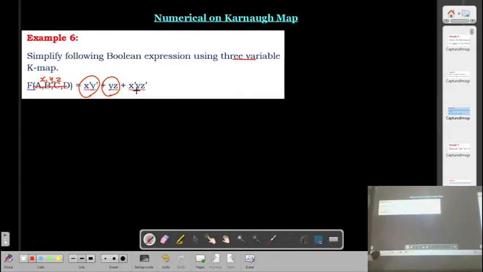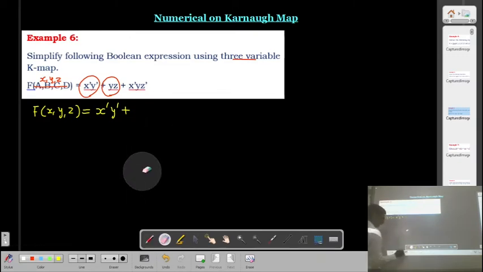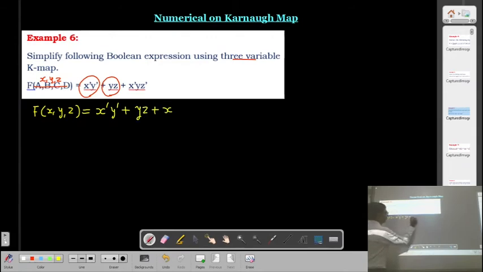So how can we add this? Let us write f, a function of x, y, z. The first term is x dash y dash, plus yz, plus x dash y z dash.